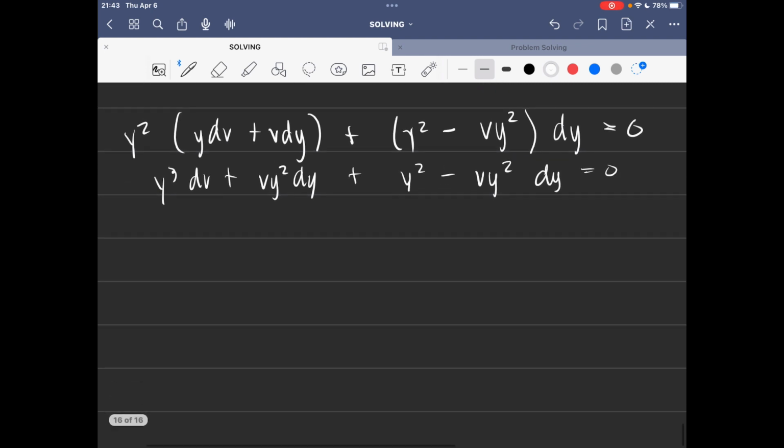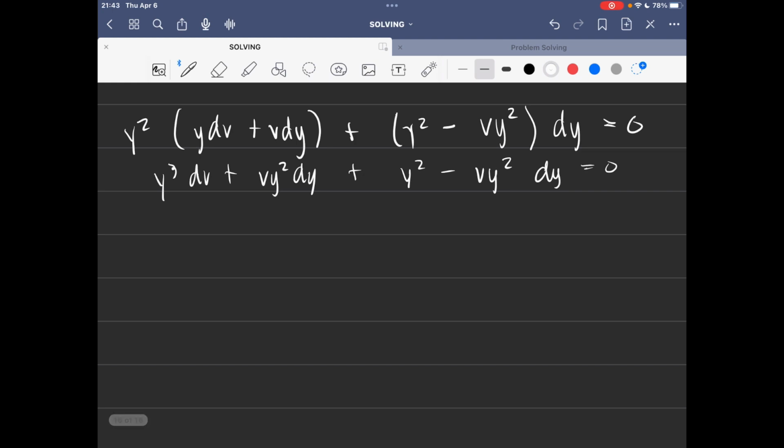Then we are going to collect all dy and put it on the left hand side. So vy squared dy plus (y squared minus vy squared) dy plus the dv, which is y cubed dv, is equal to 0.